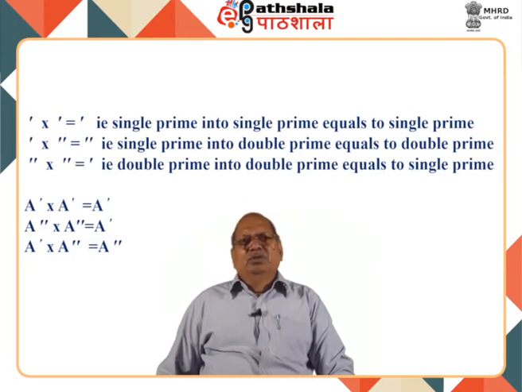Double prime into double prime, we will get single prime. Like this, A1 prime into A1 prime is A1 prime, A2 double prime into A2 double prime is A1 prime, A1 prime into A2 double prime is A2 double prime.